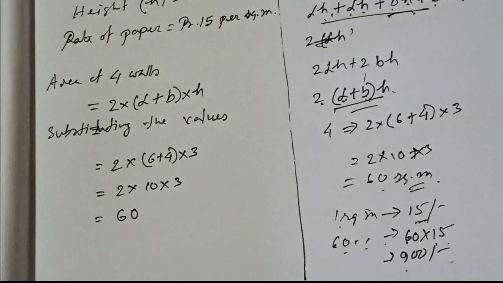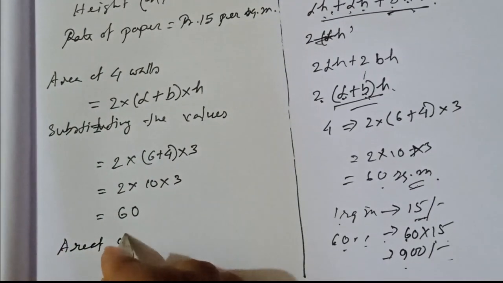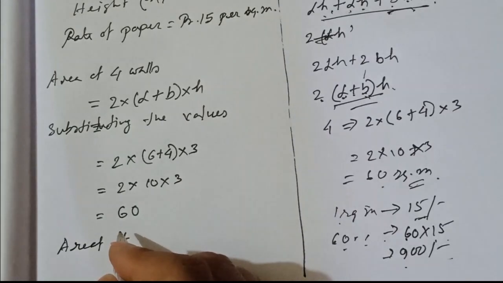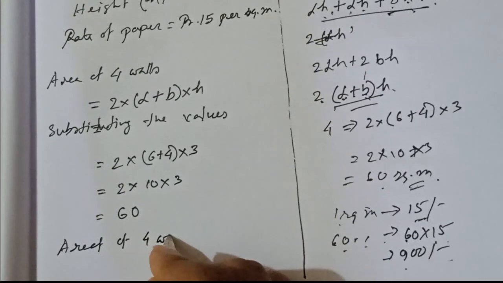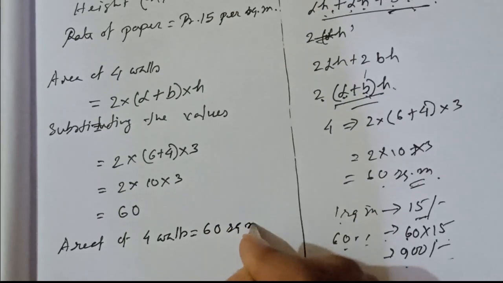So area of four walls is 60 square meter.